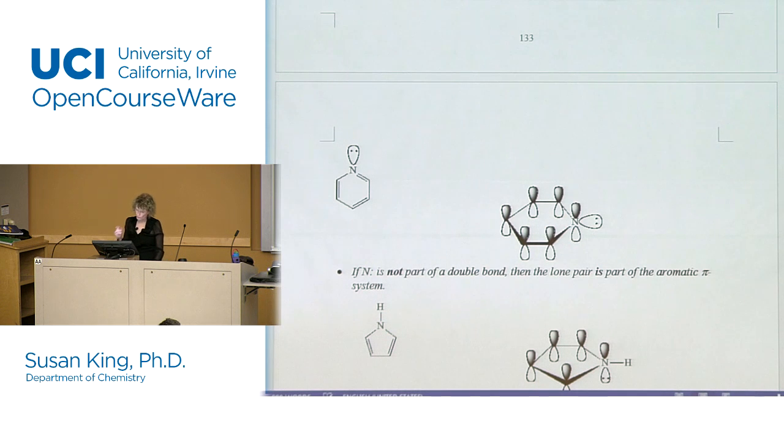So what we're saying here is this nitrogen is part of a double bond. Therefore, this lone pair is not part of the aromatic pi system.